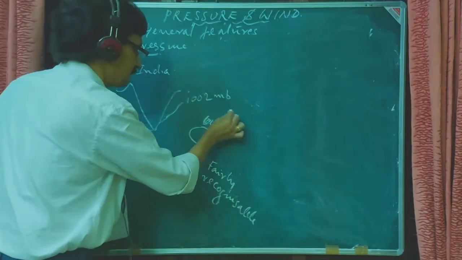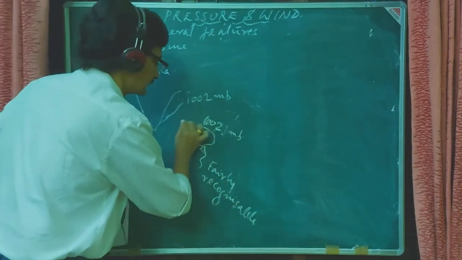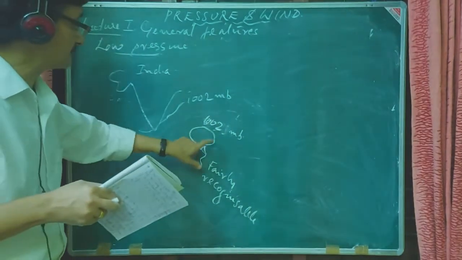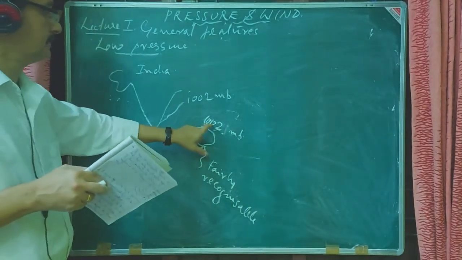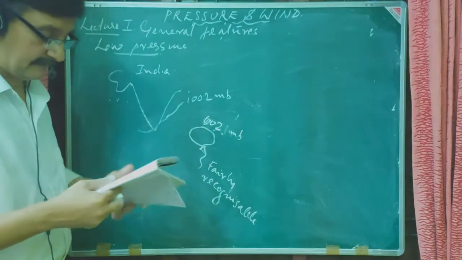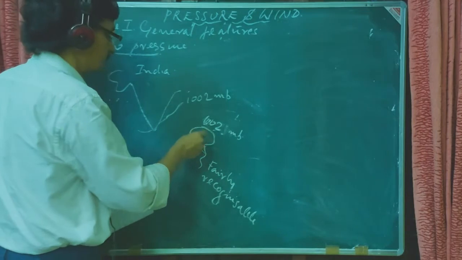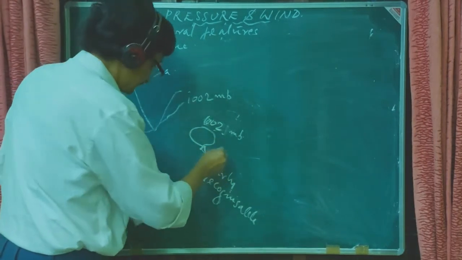Earlier one was a vast region of low pressure, but here you are seeing a specific contour of 1002 millibar, and such an area on a weather map will be called a low pressure.